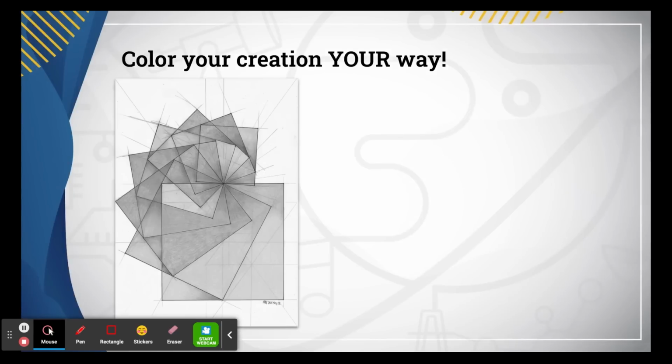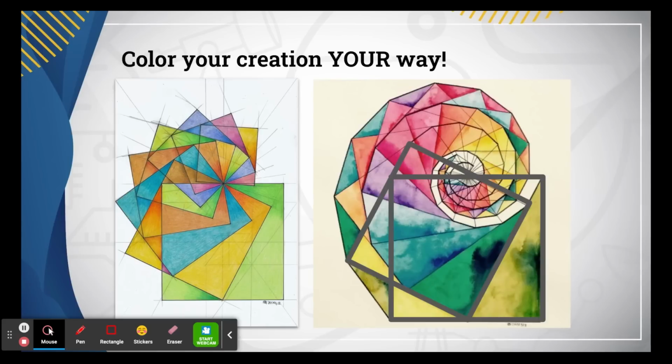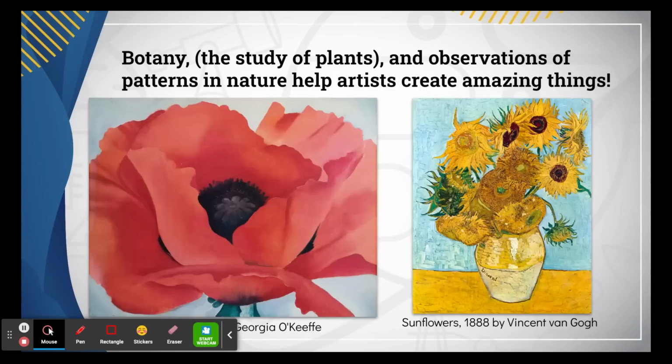Right now, you just have it all traced out in black and white, and you can choose whatever you would like to color a pattern. So you can just go ahead and color it in whatever geometric shapes you find, or you can emphasize the fact that there's a spiral going on there and call that out. It's up to you for how you would like to create your colors.